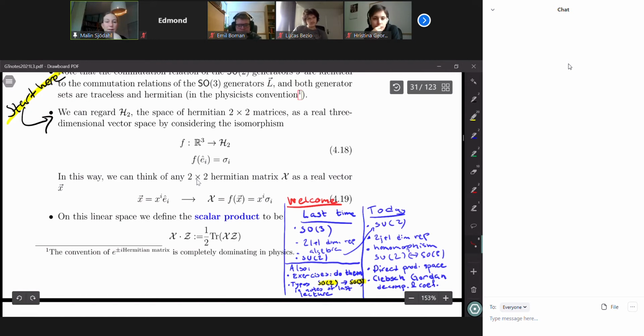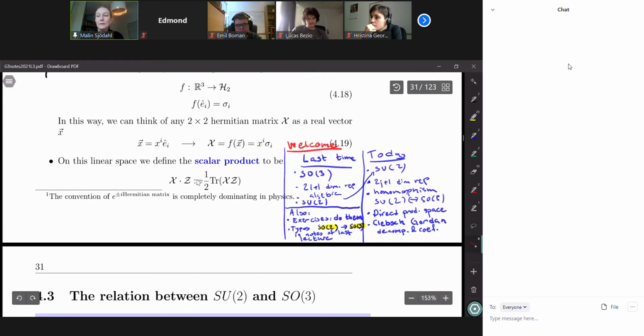Now, it actually turns out, and we will soon see it, that we can define a scalar product on this space. The scalar product between two vectors x mapped to this H2 space will be a constant times the trace of the two matrix representations of these vectors. So let's see a little bit why that makes sense.